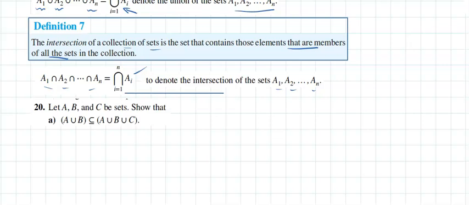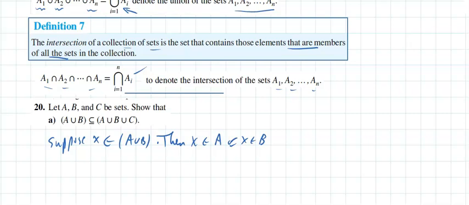Show that A union B is a subset of A union B union C. And like the tradition, we're going to pick an X in A union B. Well, what this means is X belongs to A or X belongs to B. In either case, X would belong to A union B union C for sure.